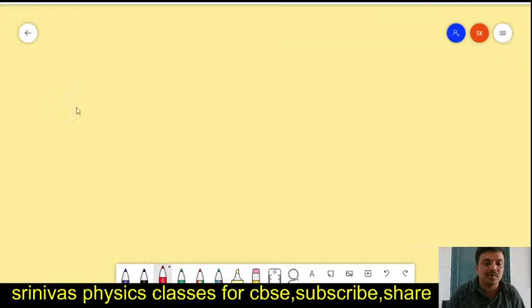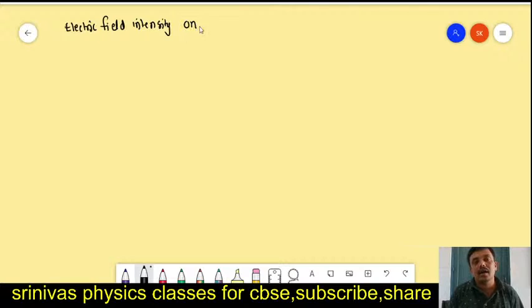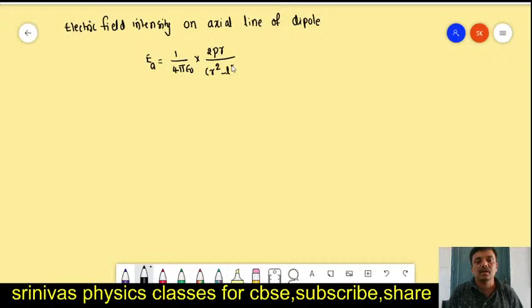In case of short dipole, what can we write? In case of short dipole, what you got as the final formula for the electric intensity on the axial line of dipole? Electric field intensity on axial line of dipole, we got is 1 by 4 pi epsilon naught into 2pr by (r square minus L square) whole square.